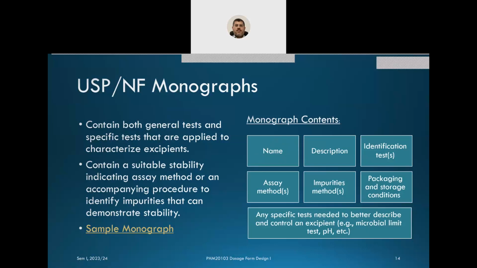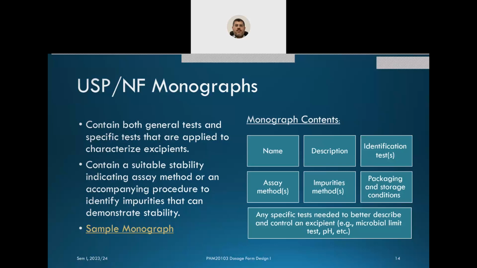So it will contain a list of tests that you should perform on the excipients. Some of them are general tests, some of them are specific tests that should be performed to characterize and test the excipient. Some of these specific tests will be a suitable stability indicating assay method or an accompanying procedure to identify impurities that can demonstrate stability.